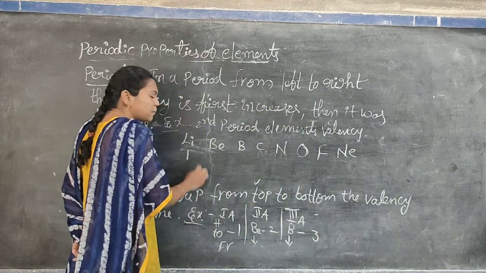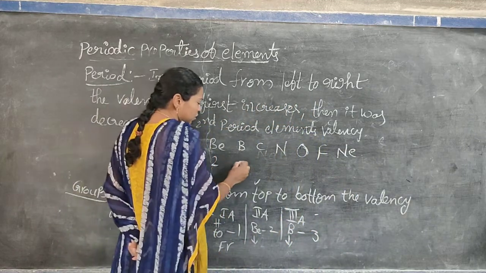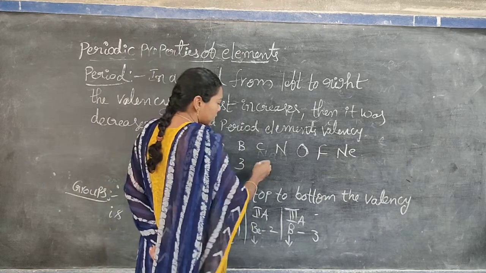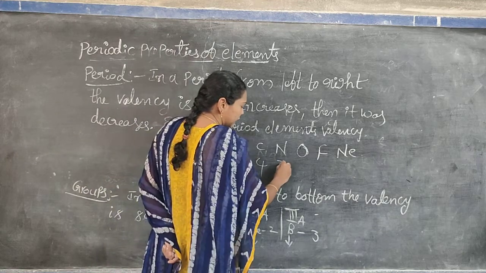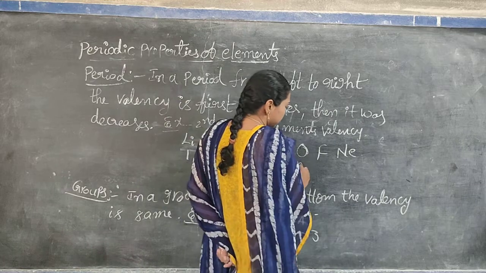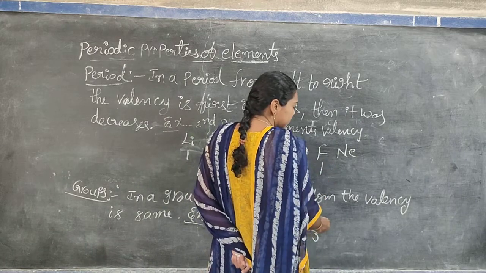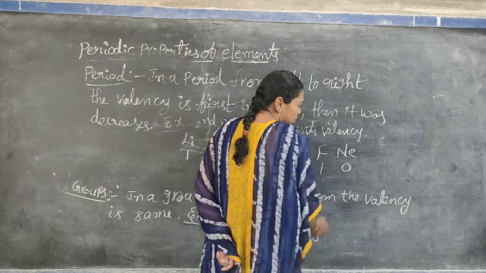Lithium valency 1, beryllium valency 2, boron valency 3, carbon valency 4, again nitrogen valency 3, oxygen valency 2, fluorine valency 1, neon valency 0.